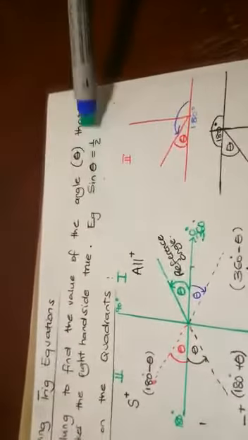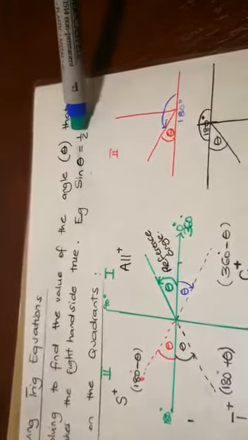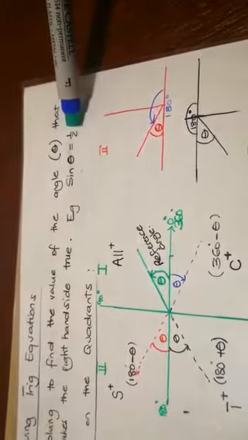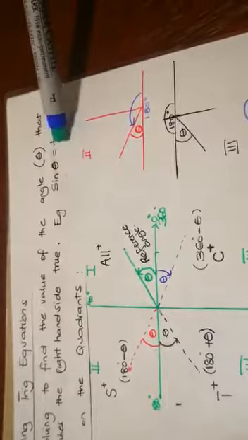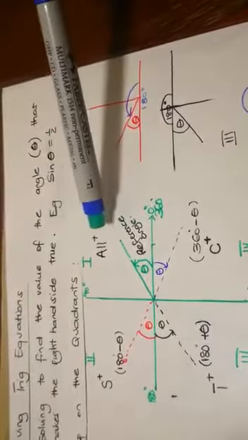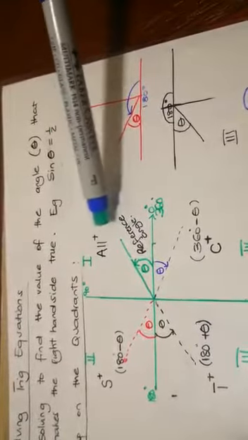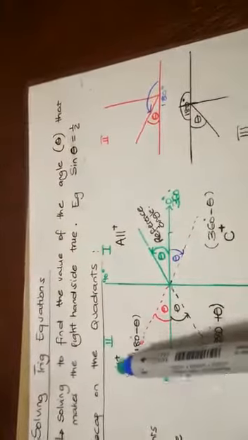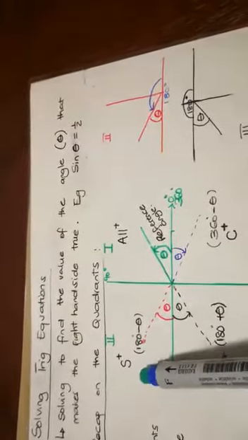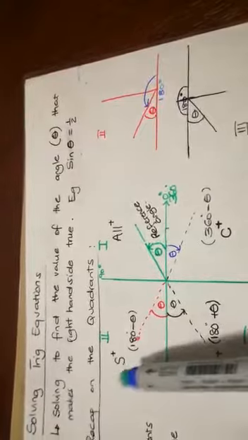There will be more than one answer to each question. Why is that? In the example that I started with, where we have the sine, the fraction on this side is positive, so the answer that will give me a positive half will either be in the first quadrant, because sine is positive there, or in the second quadrant, because again sine is positive there.